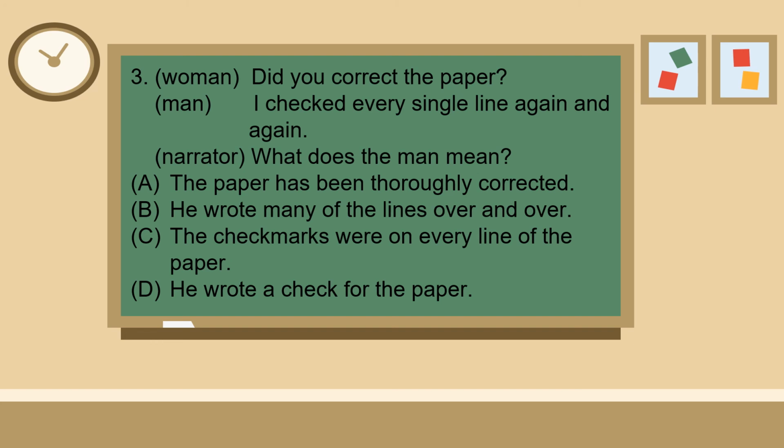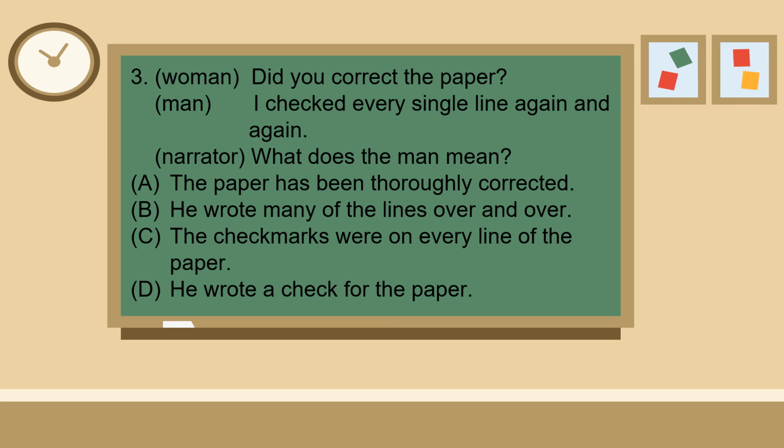Okay, identify firstly the second line. I checked every single line again and again. Yeah, its form is an active statement. So you may directly go to find the passive statement. Look at A. The paper has been thoroughly corrected.